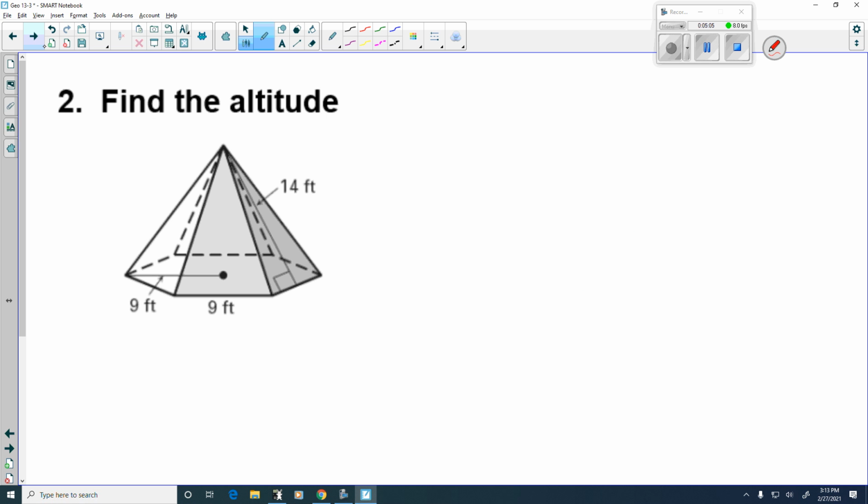Okay, now here we want to find the altitude, but we're given the slant height of 14. And so I'm going to draw that triangle again. There's the altitude. And so I know my slant height is 14. And it says here that this distance is 9. That's convenient. And this distance right here is the one that I don't know.